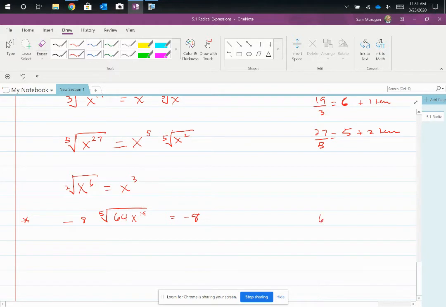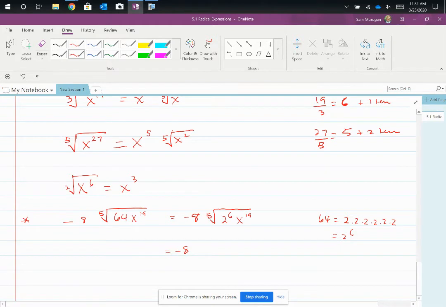We know that 64 is 2 to the power 6: 2 times 2 is 4, 4 times 2 is 8, 8 times 2 is 16, 16 times 2 is 32, 32 times 2 is 64. So we can write this as -8 times the 5th root of 2 to the power 6, x to the power 19.